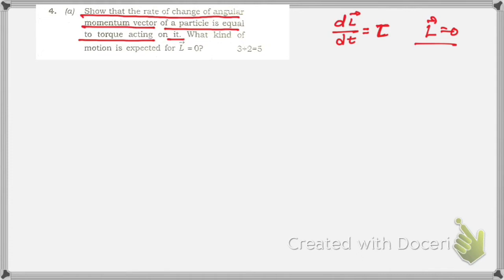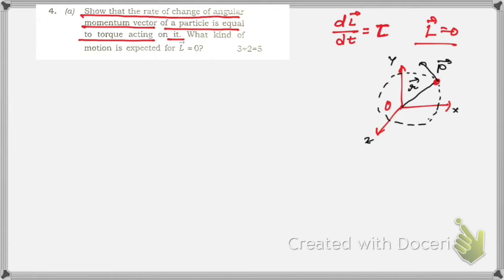Suppose we have a particle moving, with position vector r, with coordinates x, y, and z. It is moving in a circular path or rotating about an axis, so it must have angular momentum, and it has a linear momentum at this point, represented by vector p.